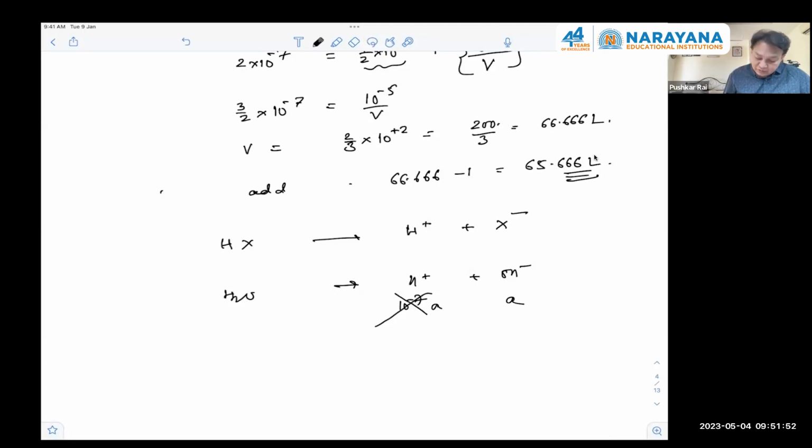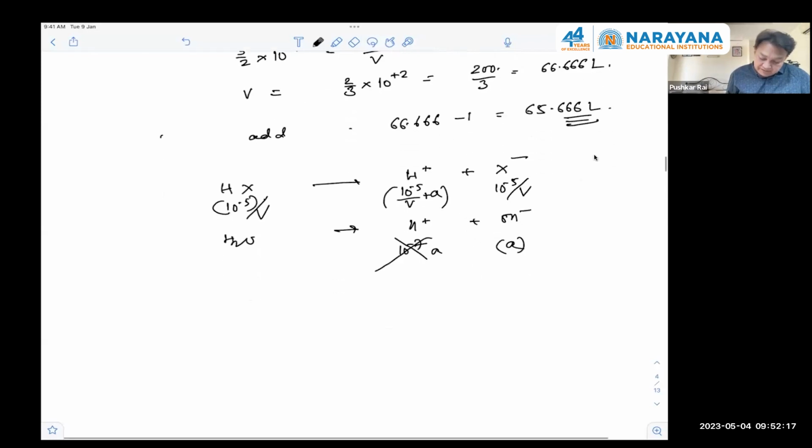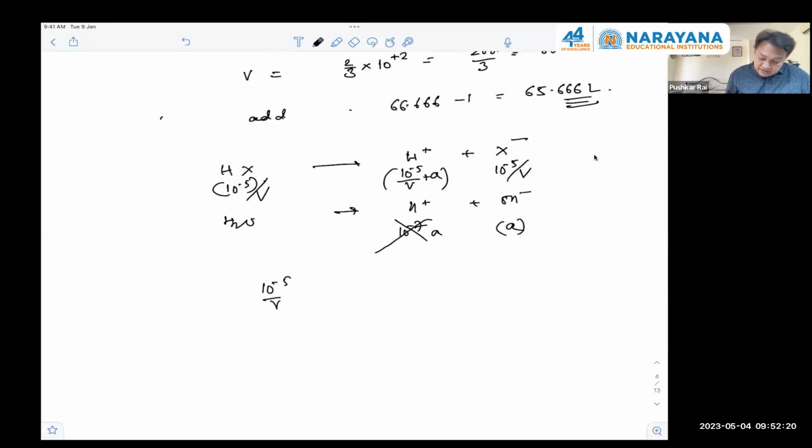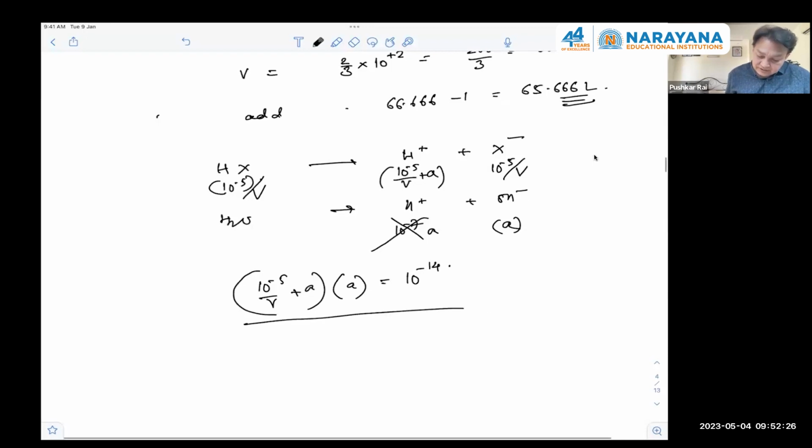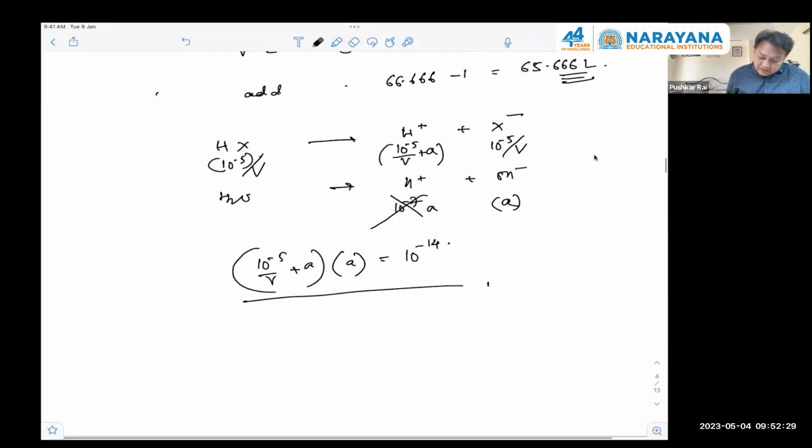Now this HX is also going to give, the concentration was 10 to the power minus 5 in 1 liter, but you divided it by V. It is going to completely dissociate and give 10 to the power minus 5 by V and 10 to the power minus 5 by V. But this will become this plus A and this will become A. So you basically solve this equation: 10 to the power minus 5 by V plus A, into A, is equal to 10 to the power minus 14. One equation is like this, and we know that this value is given. How much is this?